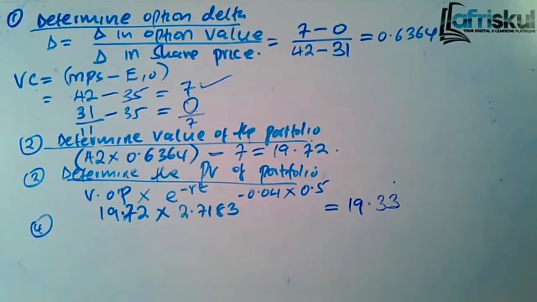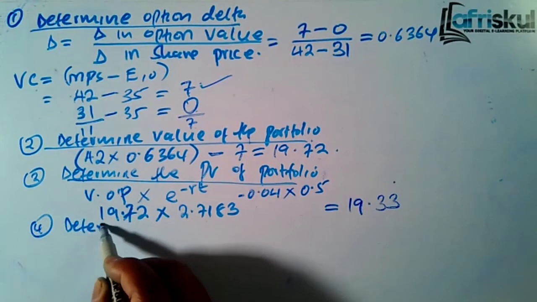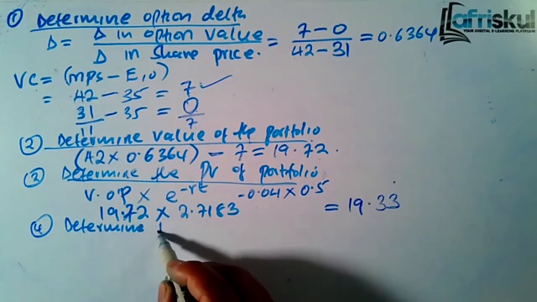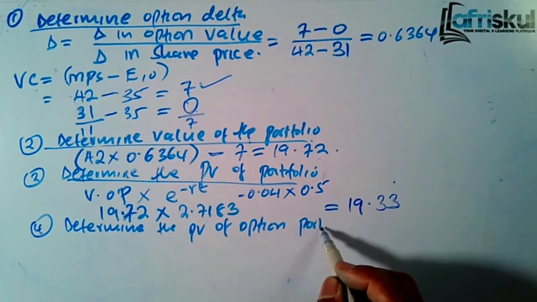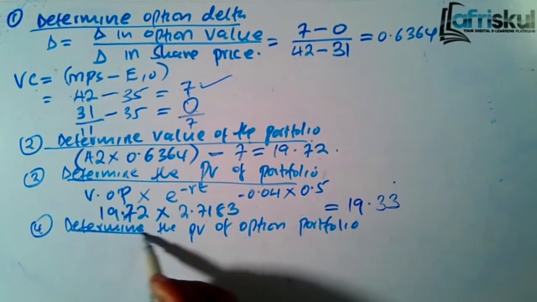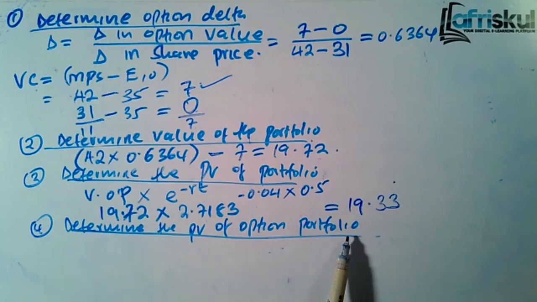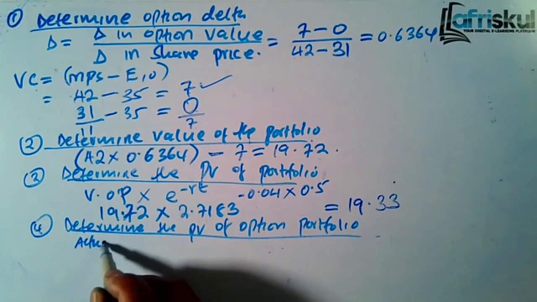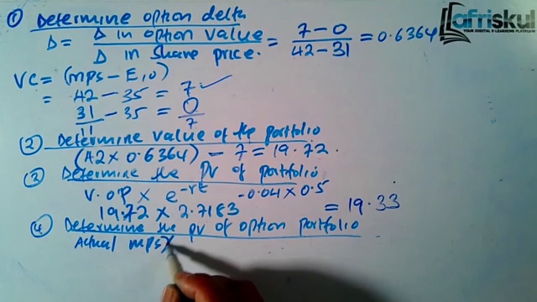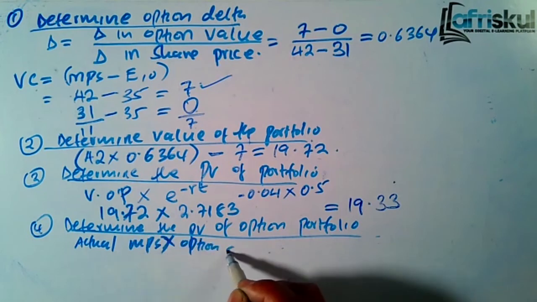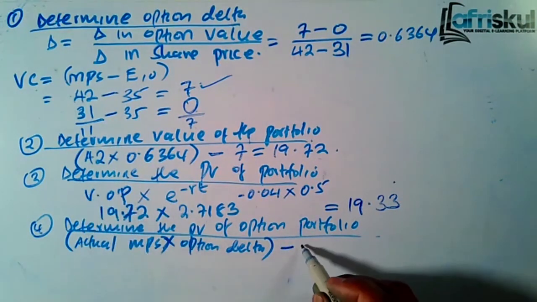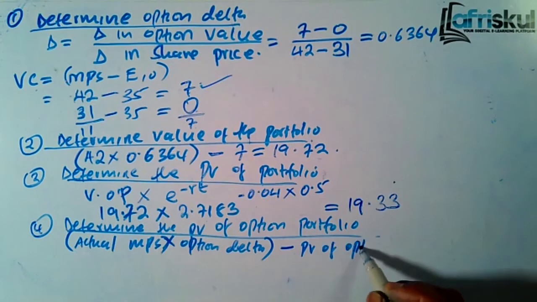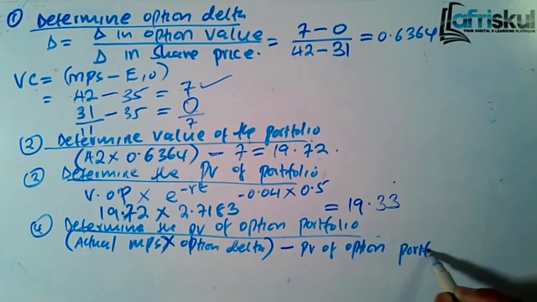Then the last step, you are supposed to determine the present value of the option portfolio. This is what you usually do. You take the actual market price, multiply by the option delta, then minus what you have gotten in step number 3, the present value of the portfolio.